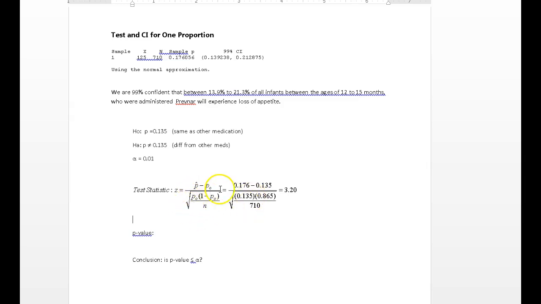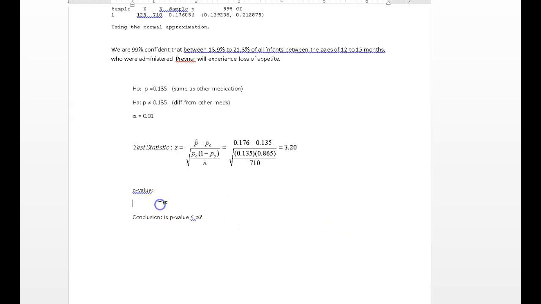We want to divide by the square root of the proportion that's in the statement of claim, which is 0.135. So don't go sticking in the 0.176 here. All right, 0.135 times 1 minus 0.135, which gives me 0.865, divided by my sample size, and I get a test statistic of 3.2.